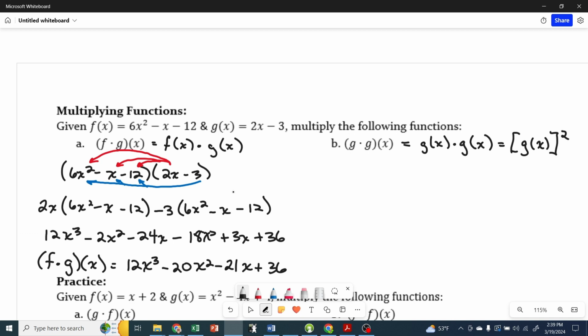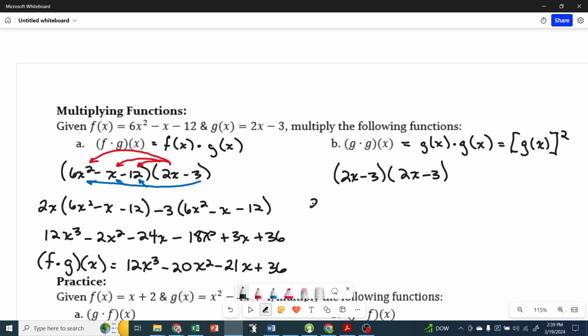So we could do it the long way, and then I'll show you a little shortcut. So 2x minus 3 times 2x minus 3, write it out if you need to. So we're going to distribute.